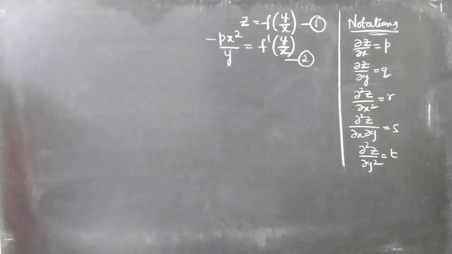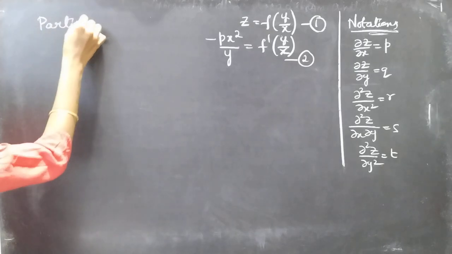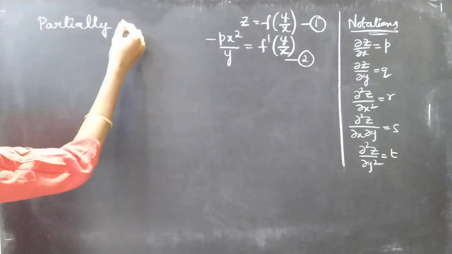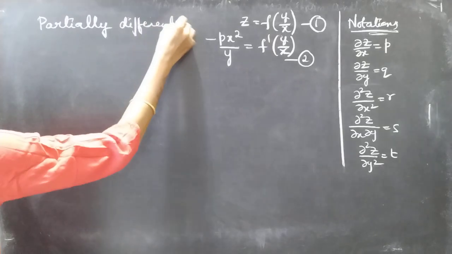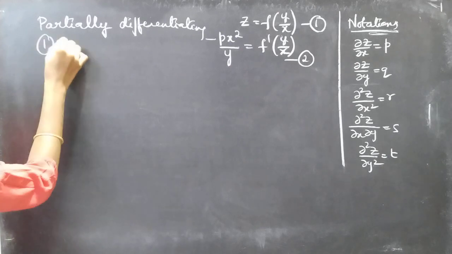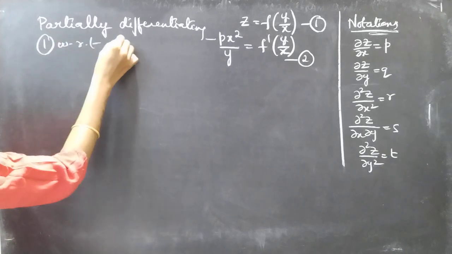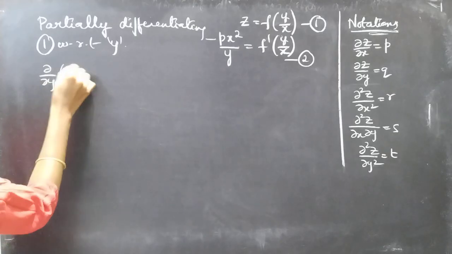Now partially differentiate 1 with respect to y. We'll apply dou by dou y on both sides of 1.